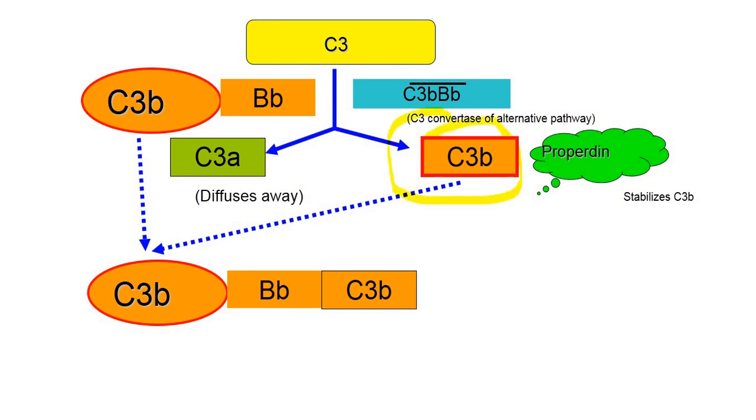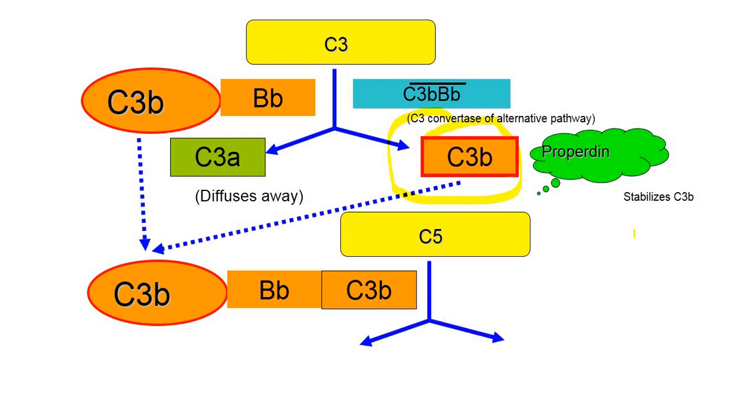So, together they form C3bBb and C3b. This is nothing but the C5 convertase of the alternative pathway.